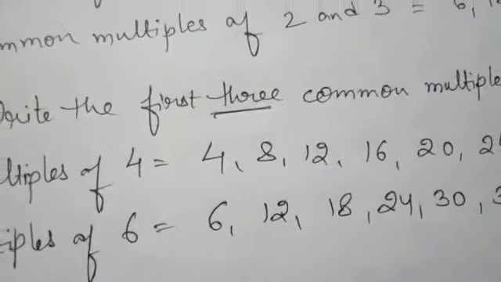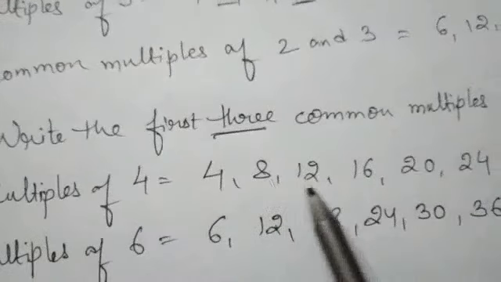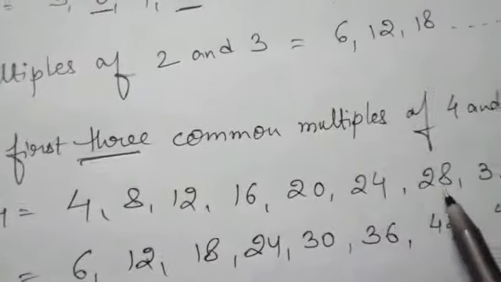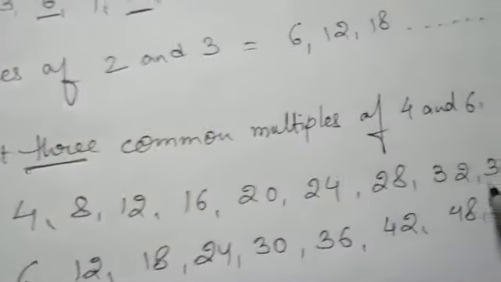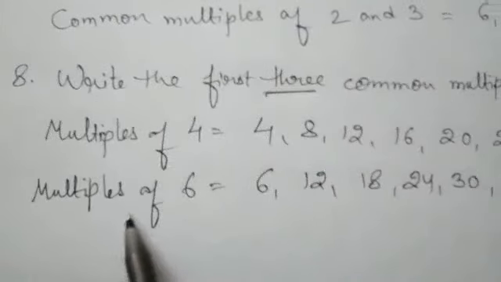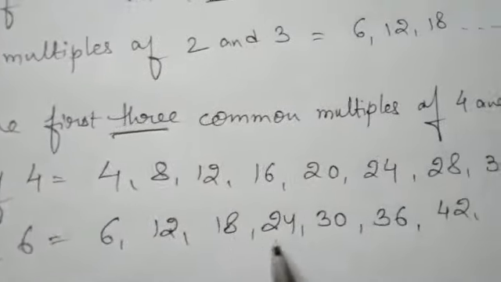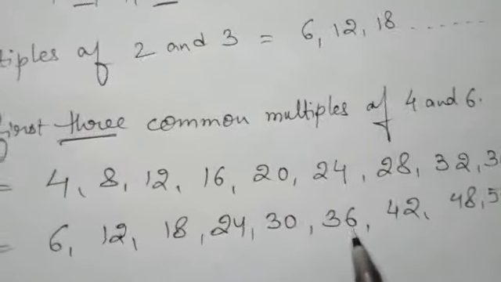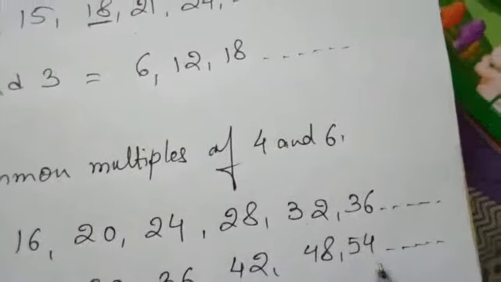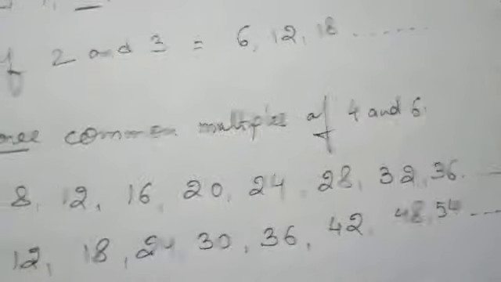Start reading tables of 4 and you can write the numbers: 4, 8, 12, 16, 20, 24, 28, 32, 36 and so on. Again coming to multiples of 6: 6, 12, 18, 24, 30, 36, 42, 48, 54 and again as many times as you can write or read.